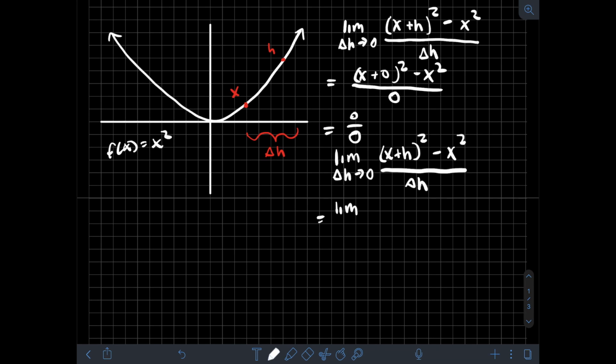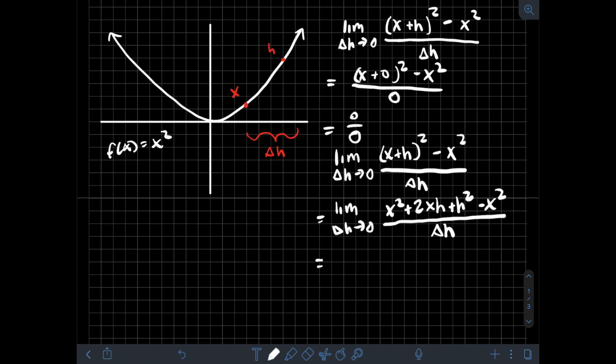So we have the limit as delta h approaches 0 of x squared plus 2xh plus h squared minus x squared all over delta h. Now, if we look in our numerator, we see our x squared terms cancel out.